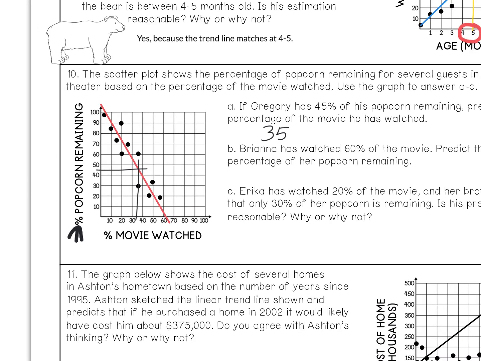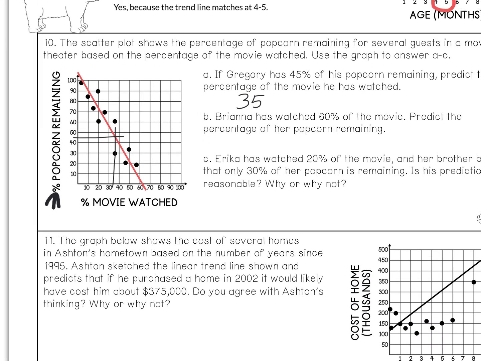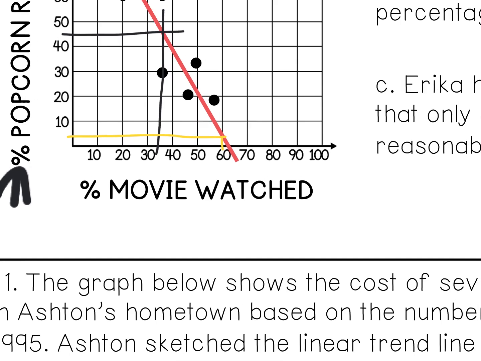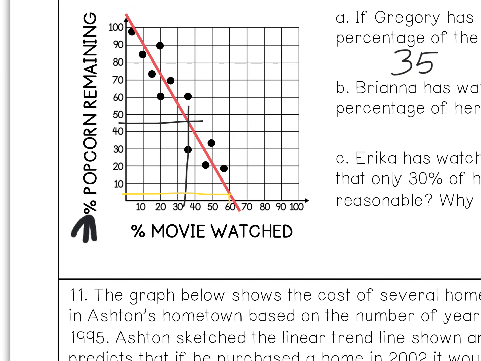Brianna watches 60% of the movie. Predict the percentage of popcorn remaining for her. So where's 60% of the movie? It's like way down here. So what's a good guess then for how much popcorn is left for Brianna?